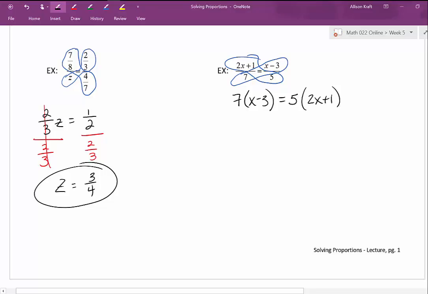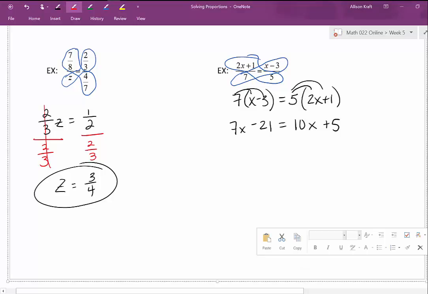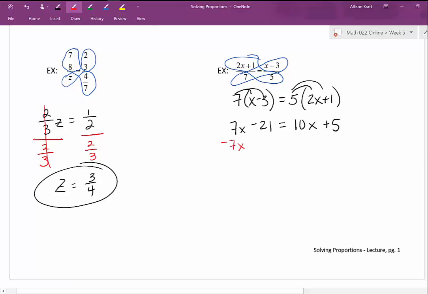To solve, we're going to distribute. 7x minus 21 equals 10x plus 10. We have variable terms and constant terms on both sides. I'm going to move my variable term with the smallest coefficient. Negative 21 equals 3x plus 5.